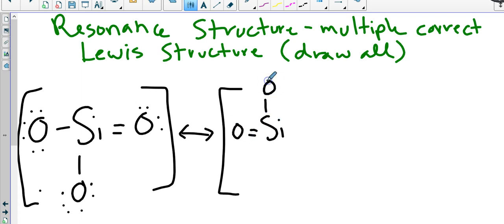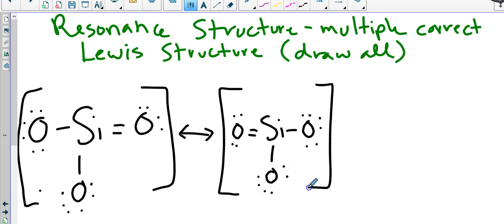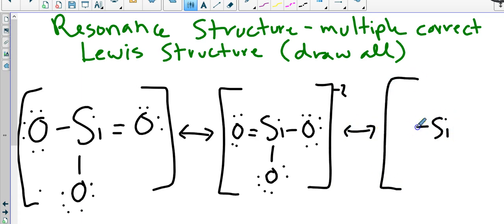Like I said, welcome to honors chemistry. I shouldn't have put that up there. I don't know why I did that. And then one more.